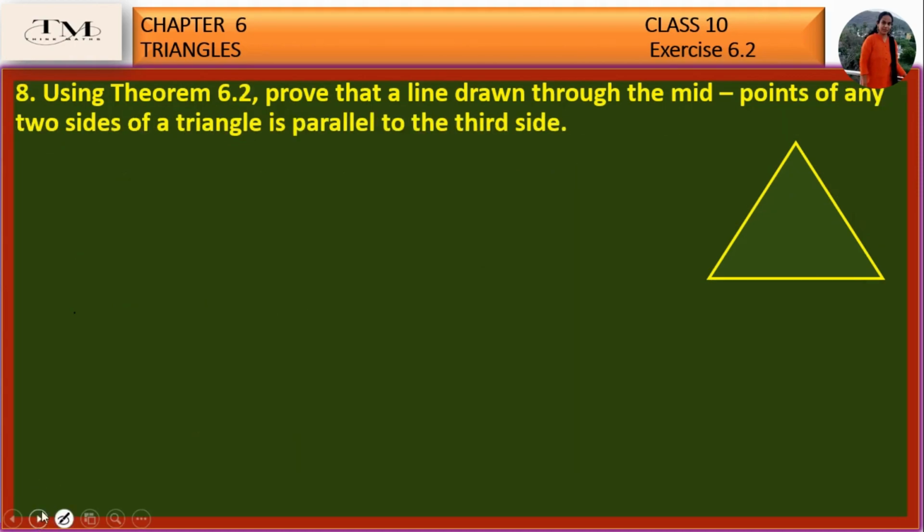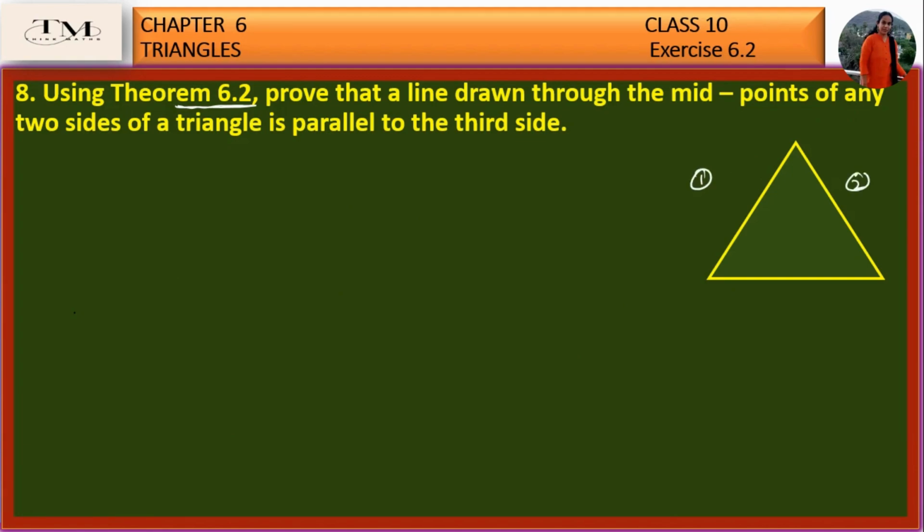So moving on to the next problem. Using theorem 6.2, that is the converse. Theorem 6.1 is BPT and theorem 6.2 is the converse of BPT. Prove that a line drawn through the midpoints of any two sides of a triangle is parallel to the third side. There are three sides.